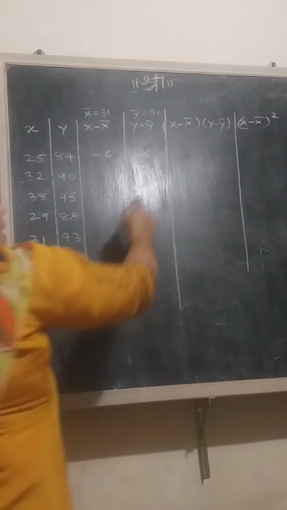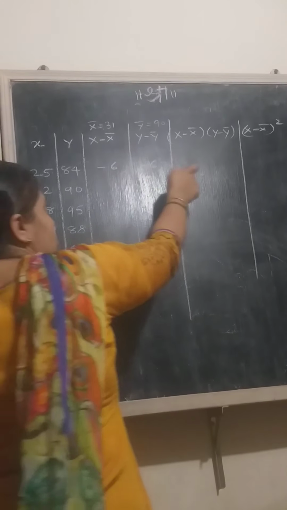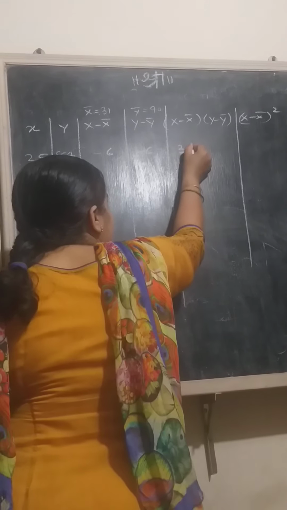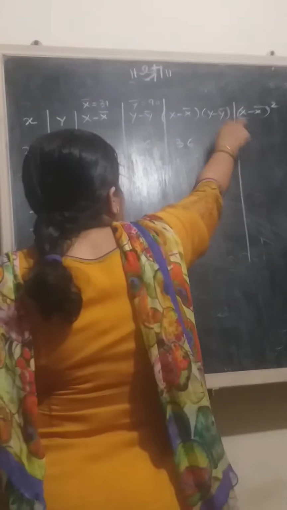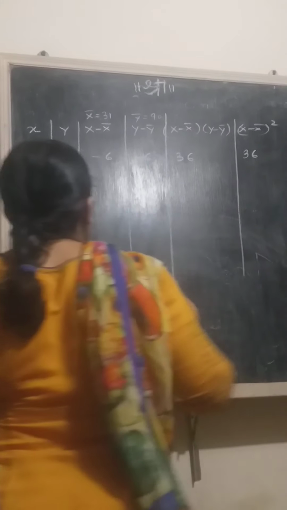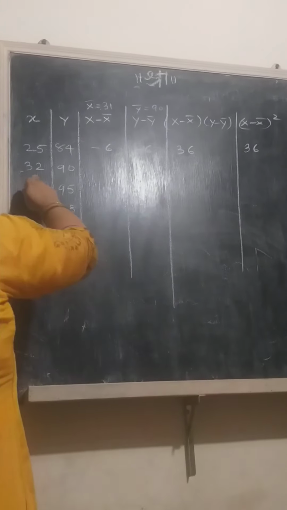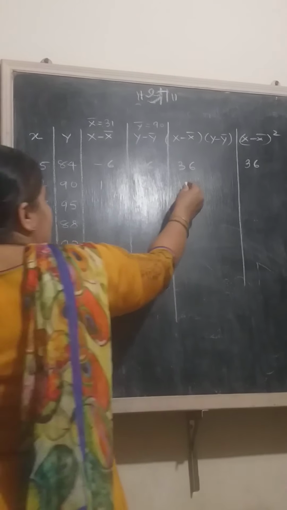The next column is x minus x bar into y minus y bar. So I will multiply these two. This comes out to be 36. And x minus x bar square, I will square this. This comes out to be 36. Now let us move to the next calculation. 32 minus 31 is 1. 90 minus 90 comes out to be 0. 1 into 0 is 0.